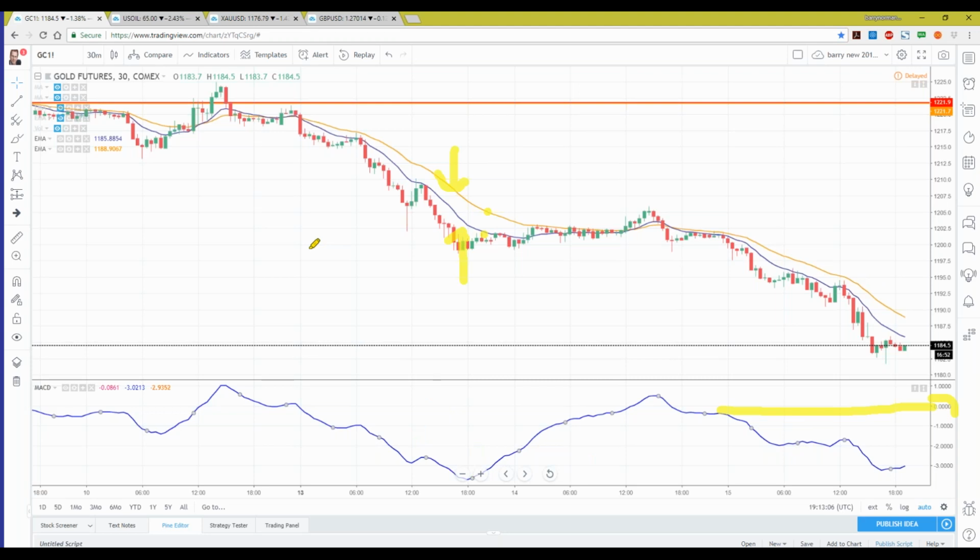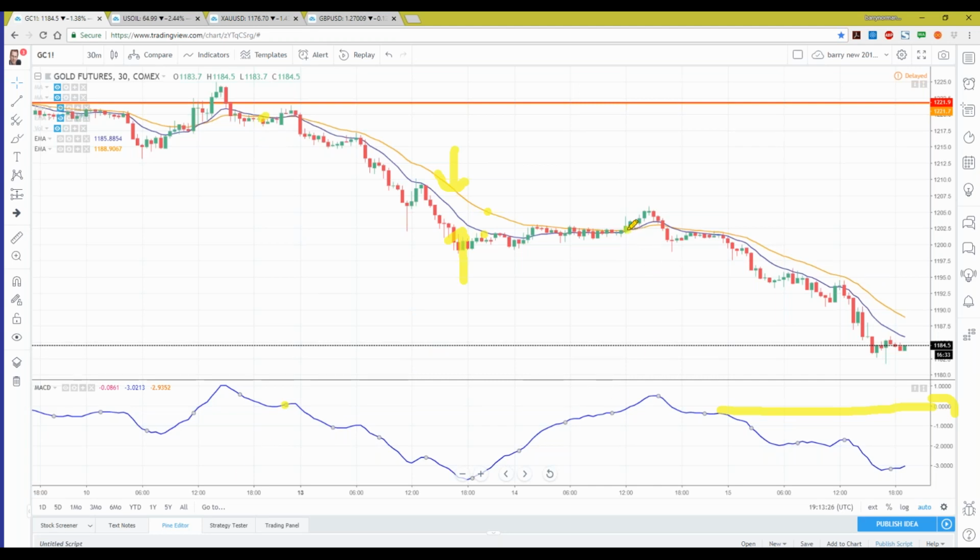So what does it tell you to begin with? When the shorter period EMA crosses the longer period EMA, they would always be what? If it's the exact same number minus the exact same number, they're always going to be 0.